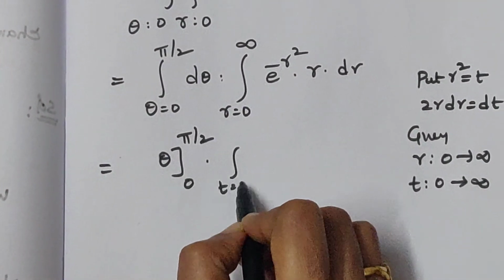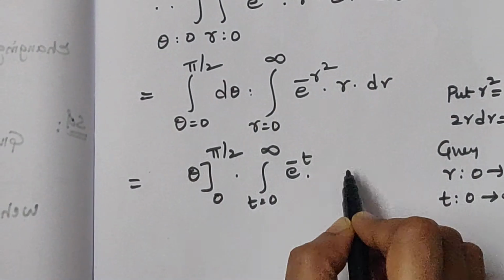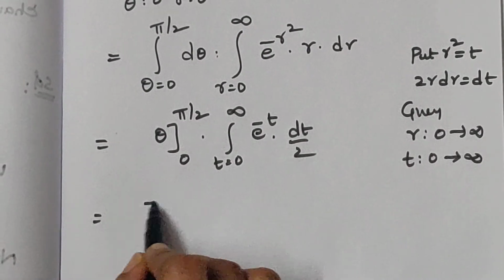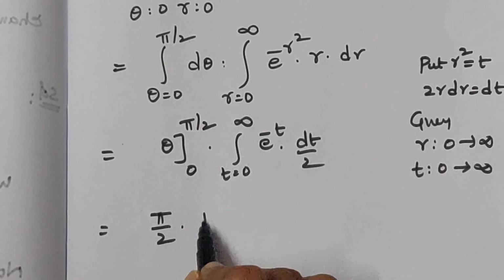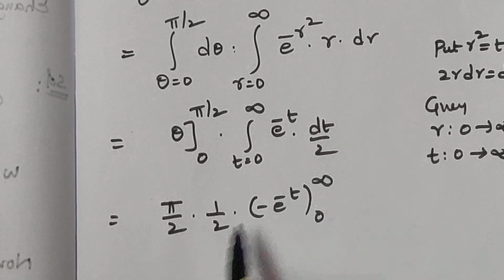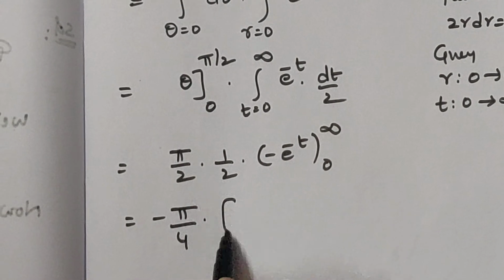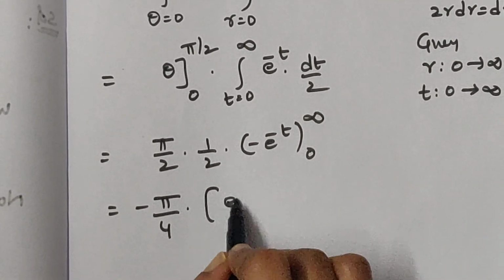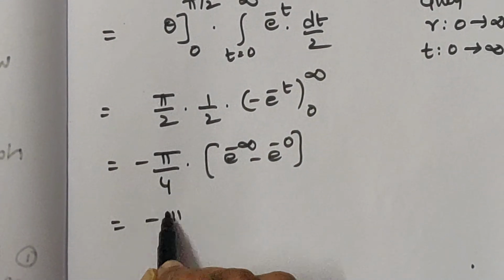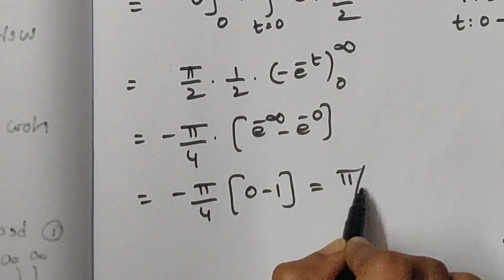So t limits 0 to infinity e power minus t dt by 2. By substituting the upper and lower limits, pi by 2 times 1 by 2 times minus e power minus t, limits 0 to infinity. Pi by 4, with the minus sign taken here: e power minus infinity minus e power minus 0. Minus pi by 4 times (0 minus 1) gives pi by 4.